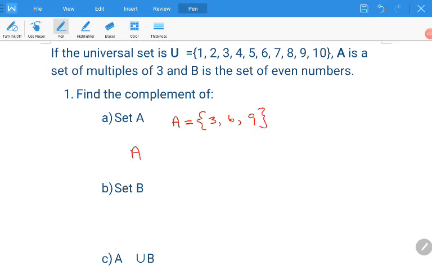So A complement is a set of all the elements that are not found in A. So we have 1, 2, 4, 5, 7, 8, and 10.